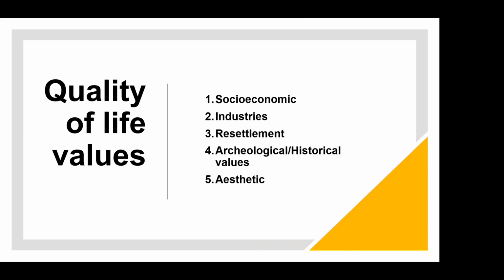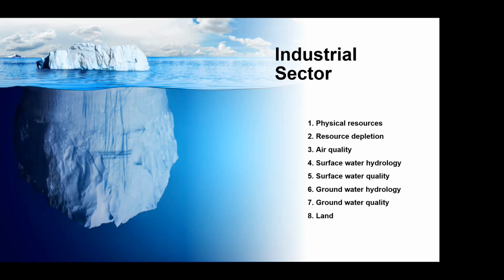You should also consider that. Next part is about the industrial sector. Industrial development has a very focused and explainable impact on the environment, both beneficial and adverse. Of course, on the one hand, we need industry to create more jobs and stabilize the economy, but it also has adverse effects.